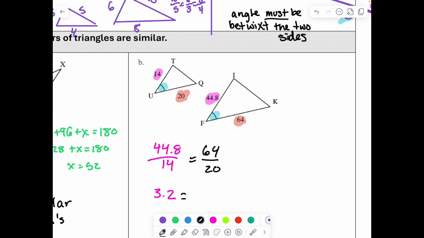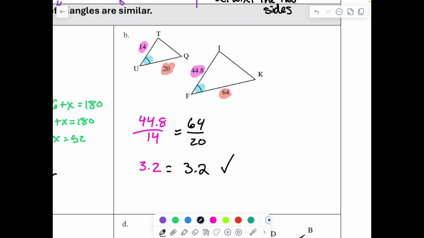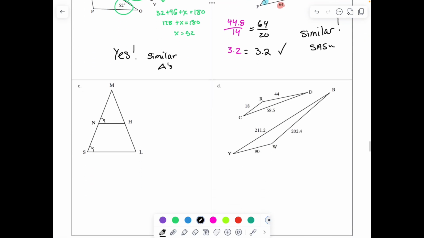And then 64 divided by 20 is also 3.2. So because the ratios of their sides are equal and the angles are equal, yes, these triangles are similar due to side angle side similarity.